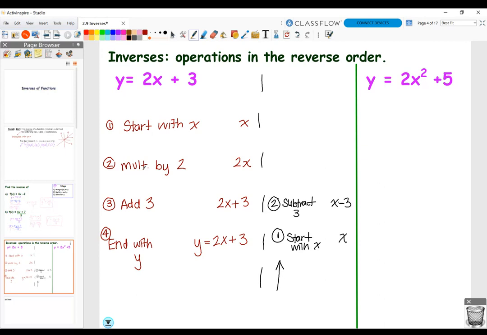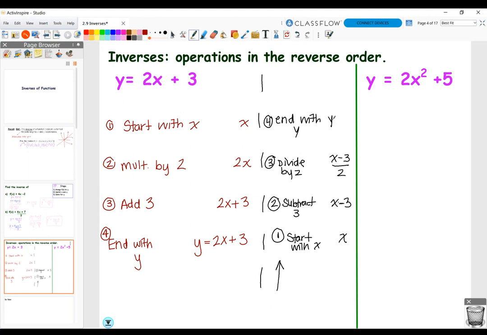Next, in my original, I multiplied by 2. So what's the opposite of multiplying by 2? It's dividing by 2. So I'm building my function, I'm just doing it in the reverse order. And I started with x, so the opposite of starting with x is ending with y.